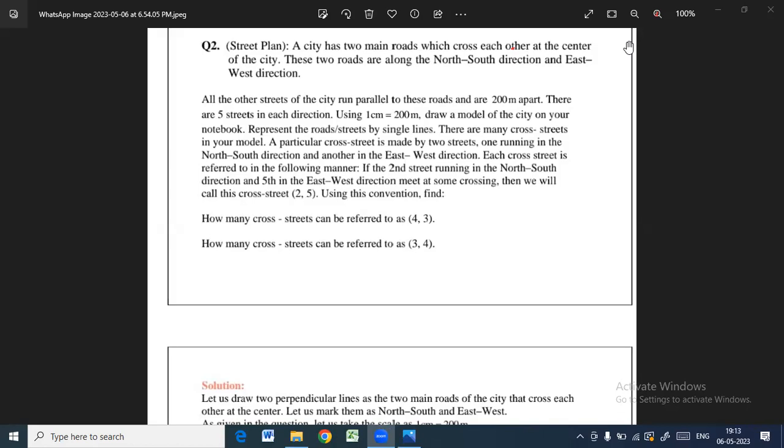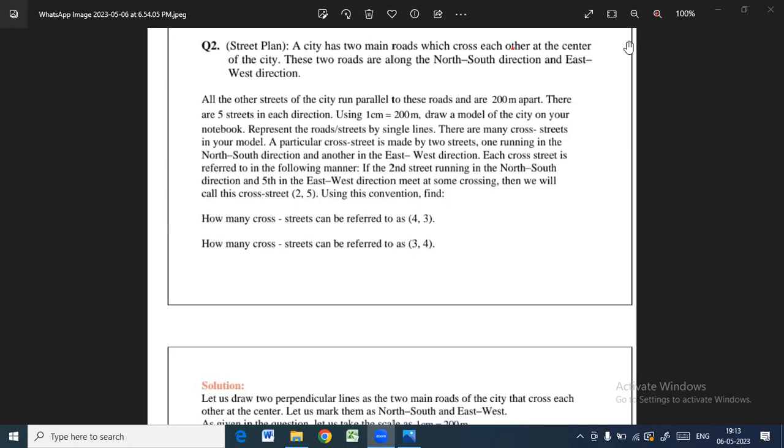All the other streets of the city run parallel to these roads and are 200 meters apart. There are 5 streets in each direction. Using 1 centimeter equal to 200 meters, draw a model of the city in your notebook.